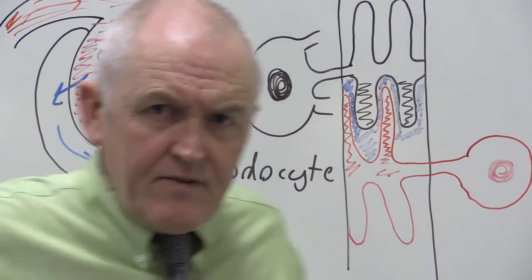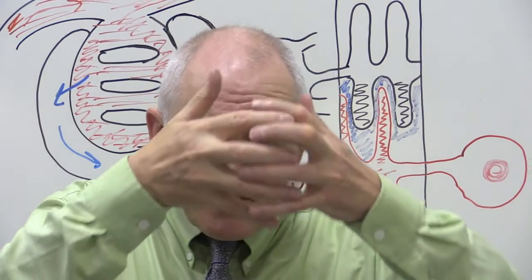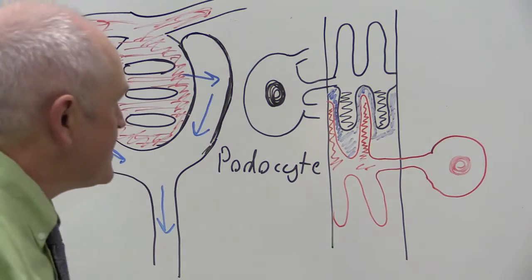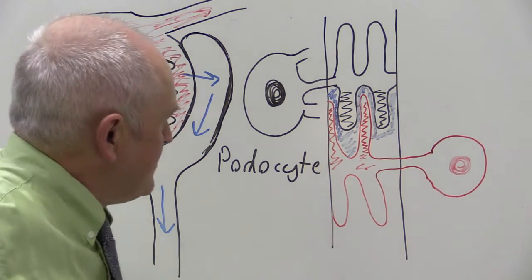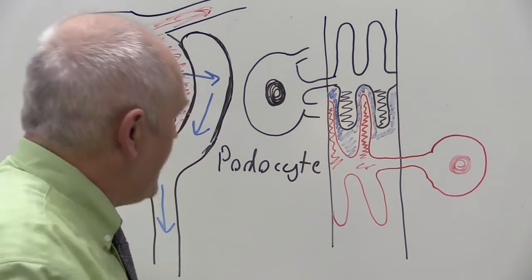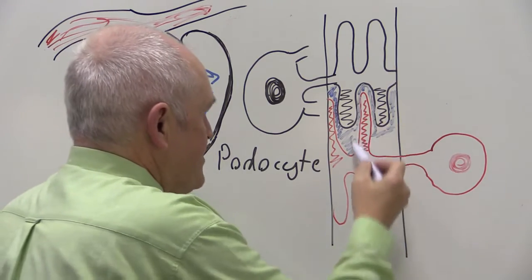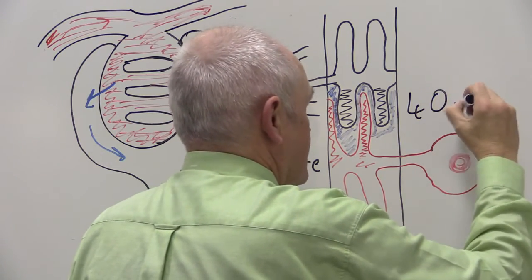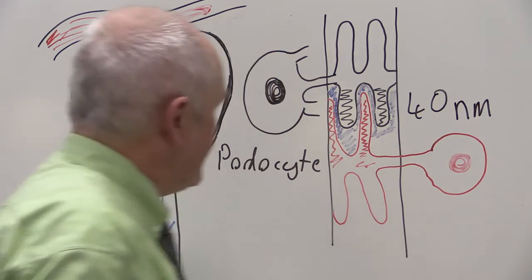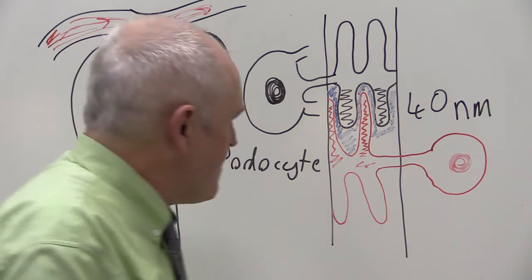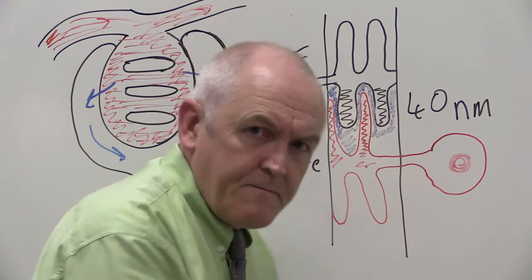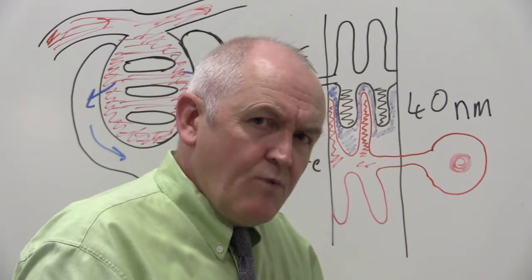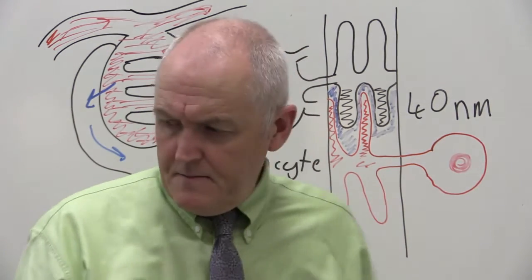So it's just like a sieve. It is a physical process of sieving with these little gaps, these little filtration slits between the pedicles of the podocyte. And the gaps between the individual pedicels are only about 40 nanometers. Tiny gaps. So you can see that little things could fit through here, but it's going to be a process of ultrafiltration on a very small scale.